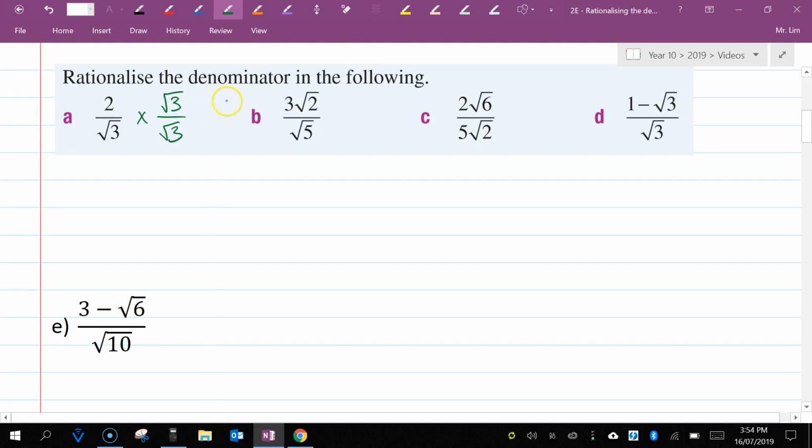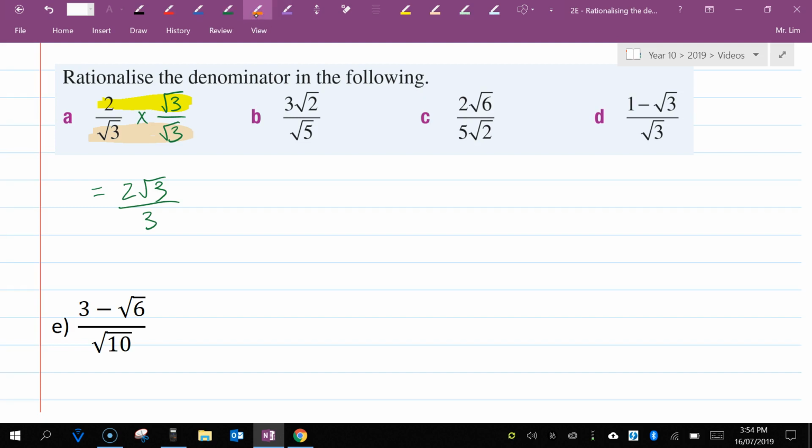When we multiply fractions, we multiply across. 2 times root 3 is 2 root 3, and root 3 times root 3 is 3. And that's it. We've gotten rid of the surd in the denominator. It's now a rational number.